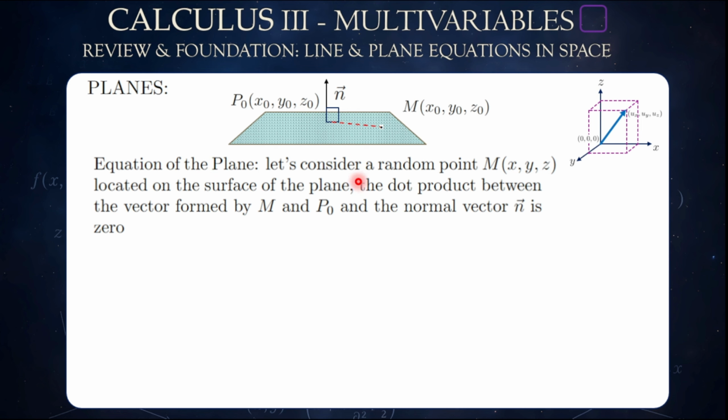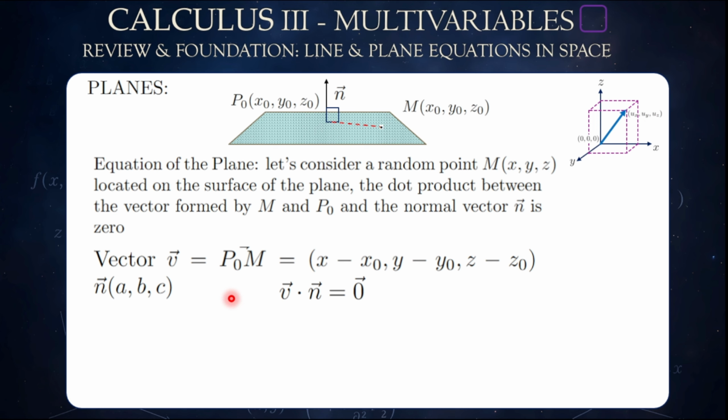Equation of the plane. Let's consider a random point M (x, y, z) located on the surface of the plane. The dot product between the vector formed by M and P0, which is a very defined point on the plane, and the normal vector n, which is normal to the plane itself, is 0.